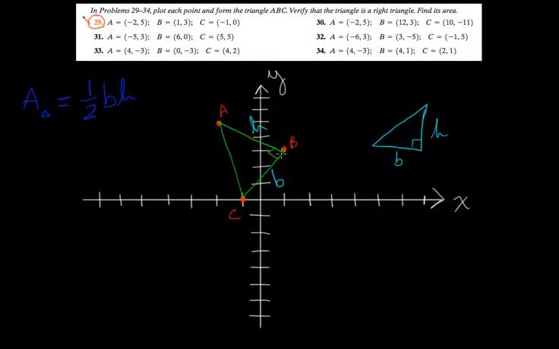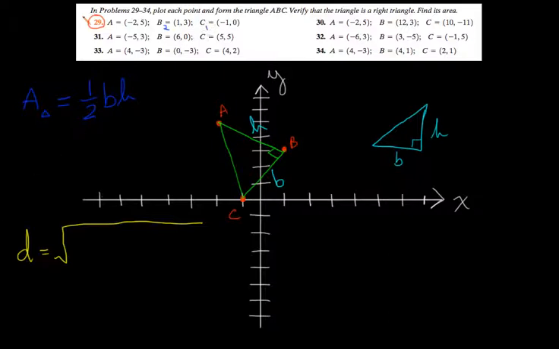So how do we find base and height? Well, we use the distance formula from C to B. So let's first find the distance of the base from C to B. We'll say B is x2, y2, and we'll say C is x1, y1.